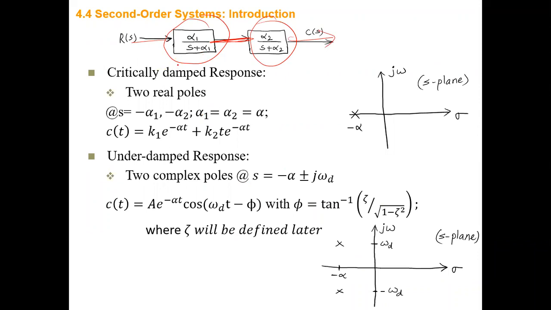Now, let's talk about the different kinds of poles. If the poles are real, and not only real but alpha 1 and alpha 2 are equal also, suppose they are both equal to alpha. That's why your roots are negative alpha, negative alpha. You have two roots, but they are the same. If you have this kind of situation, what is your c(t)?